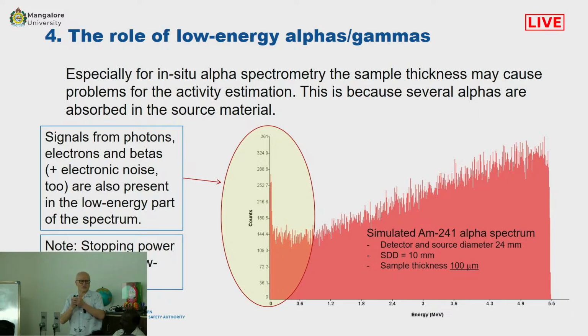In terms of alpha spectrometry, it's thick, but of course it's very thin. Here are signals from electrons, betas, and electronic noise. How to calculate peak area in this case? Any idea?